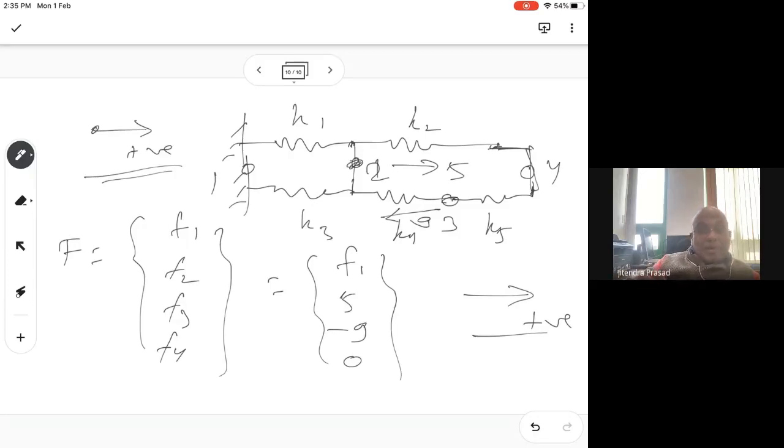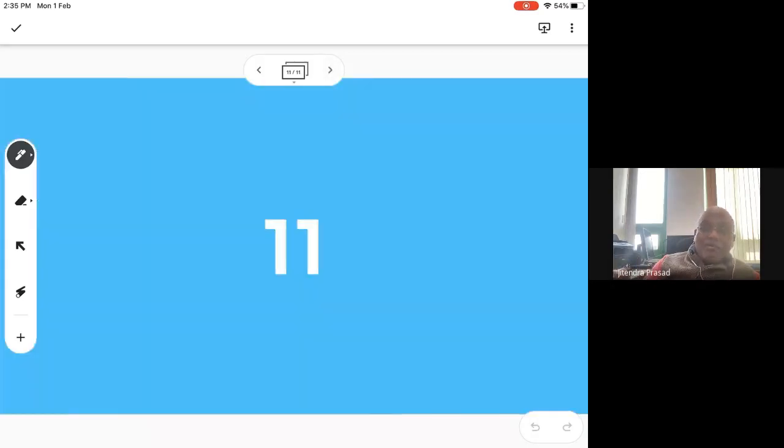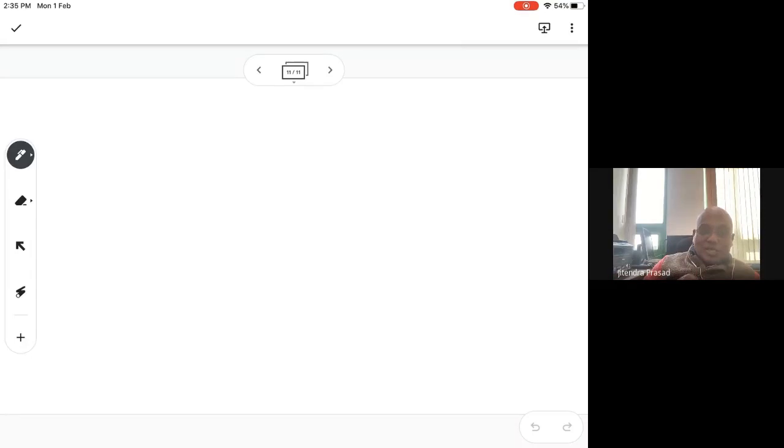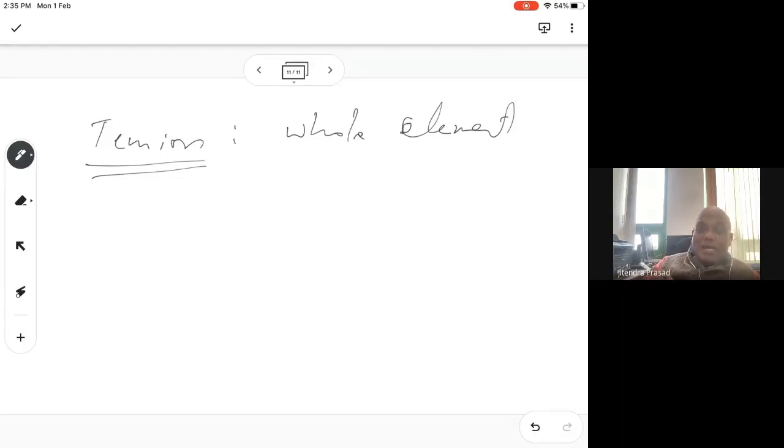But while explaining, we also looked at the tension and all those things. So remember, there are 2 types of things, and both are different. One thing we are calling tension, talking about the whole element. Tension is a property of the whole domain, meaning tension inside a spring. Tension is not a point property. You cannot say there is a tension at this point.